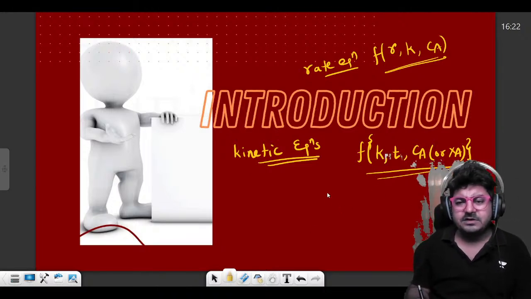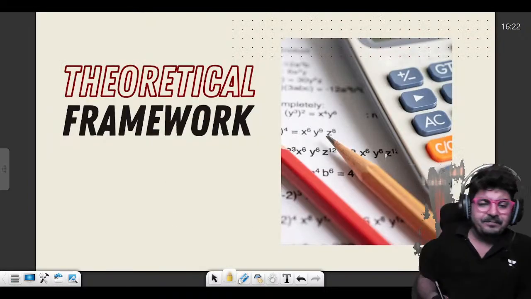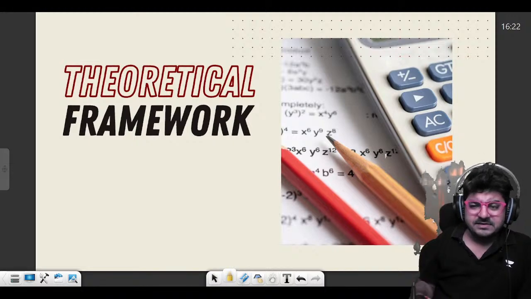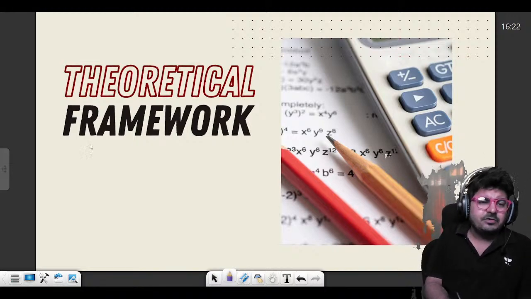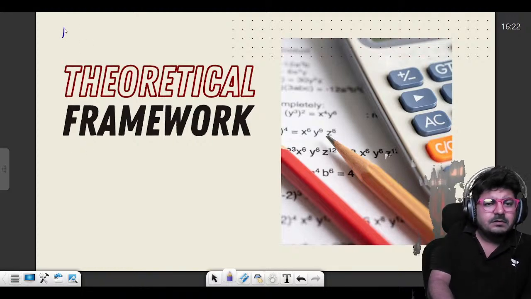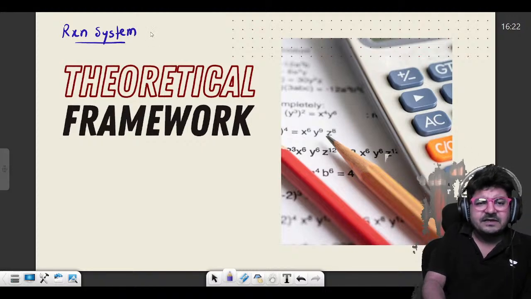So here for the kinetic equation, you guys know how we can do it. Before that, it is important to understand the reaction system. So in homogeneous reaction system or in general, you guys know that we can classify the reaction system in two categories.